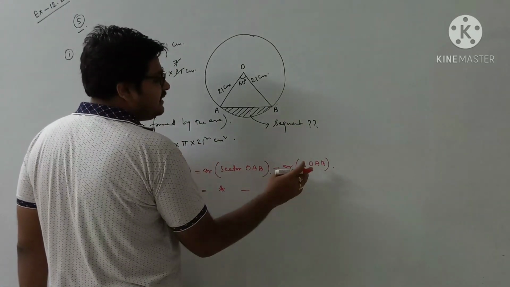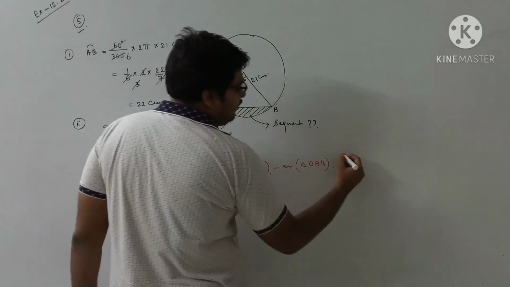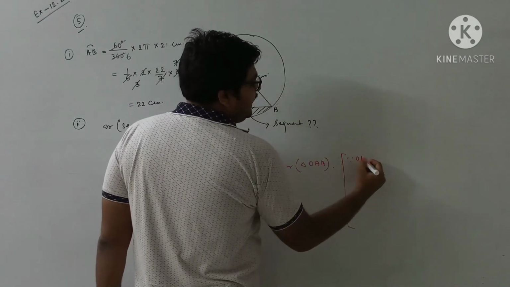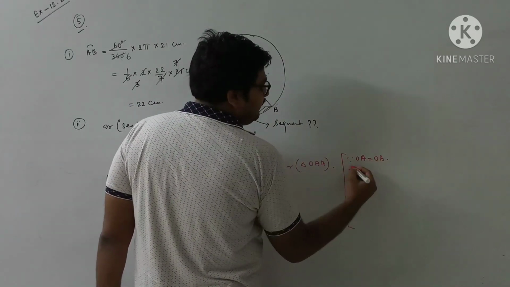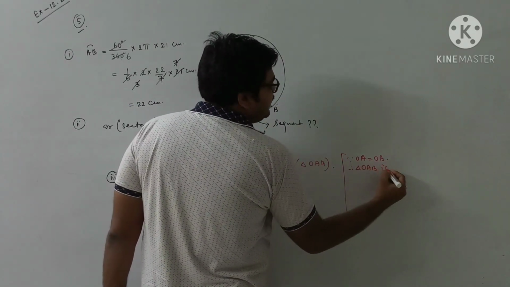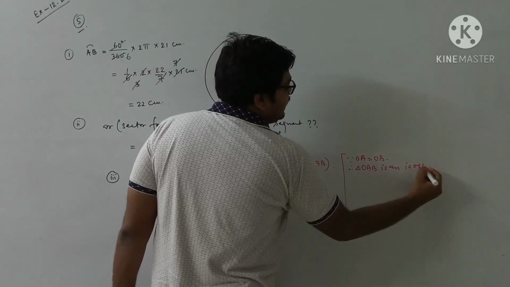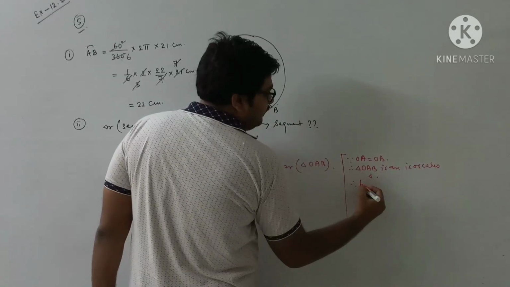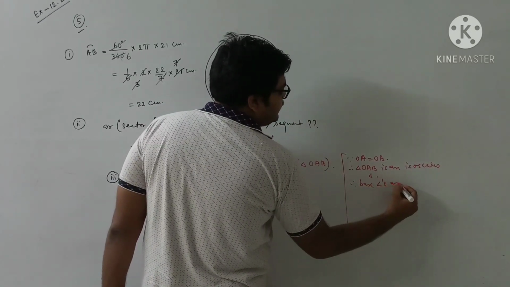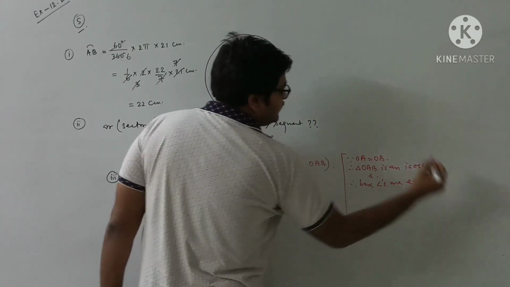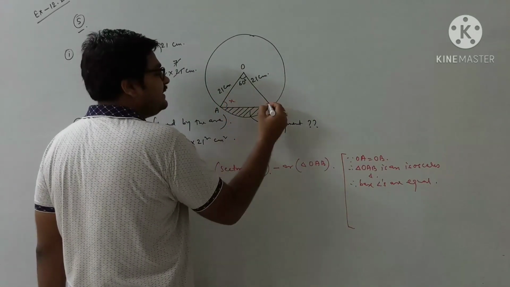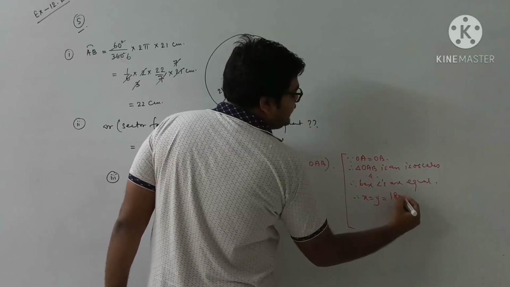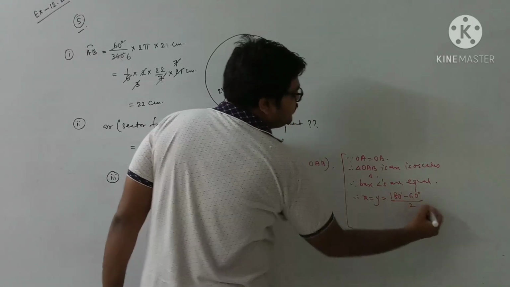So for this triangle, I have to do one thing here. Since OA equal to OB, therefore triangle OAB is an isosceles triangle. Therefore base angles are equal. This one we are giving as x and this as y. Therefore x equal to y, that is equal to 180 degree minus 60 degree divided by 2.